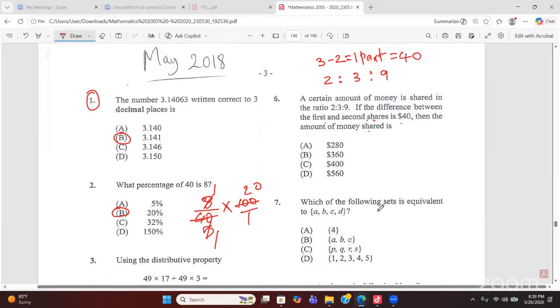Let's see the total. If I add 2 plus 3 plus 9, I get 14. So 14 times 40 is the answer. Multiplying this, we see 56 with a 0 right here. So the total would have been 560.